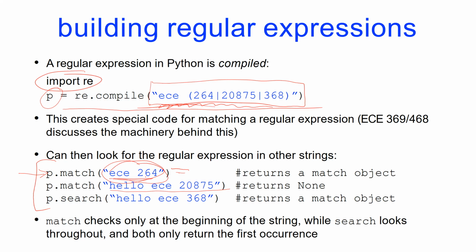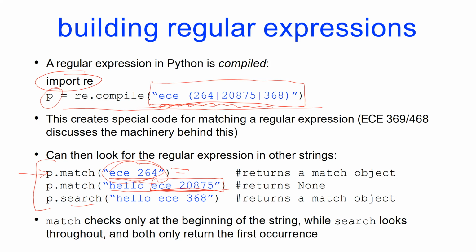But if the match is hidden inside your string, then the match function will return None. It only looks from the beginning. So in that case, if you want to find this pattern, you need to do a search. You want to search inside your string until you find the matched pattern. So this is the difference between match and search.